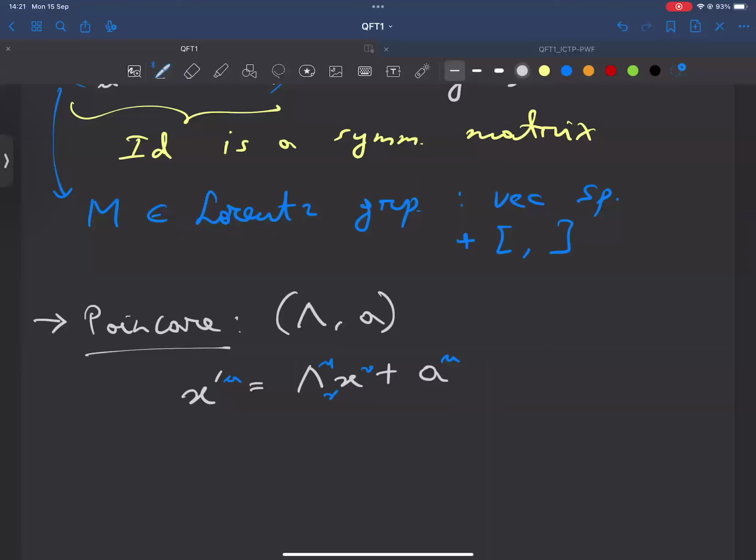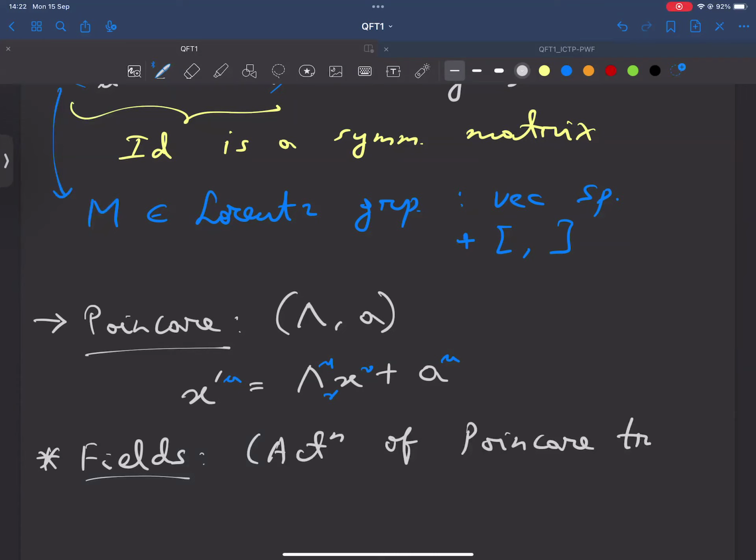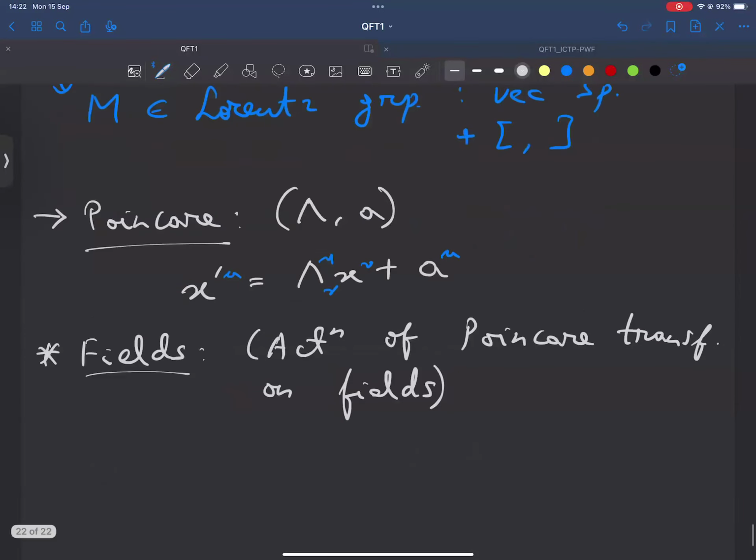Now, we already know how Lorentz transformations act on coordinate vectors. Now let's look at how these Poincare transformations act on fields, because at the end of the day, fields are the essential quantities that we are studying.